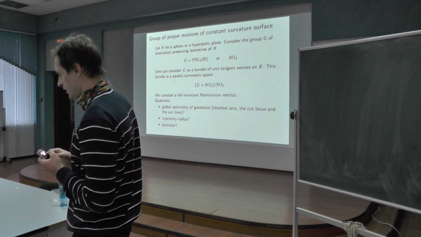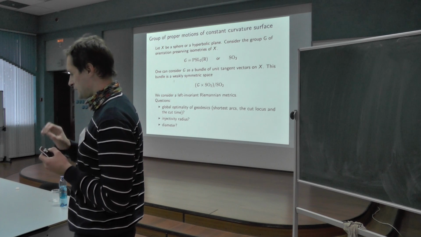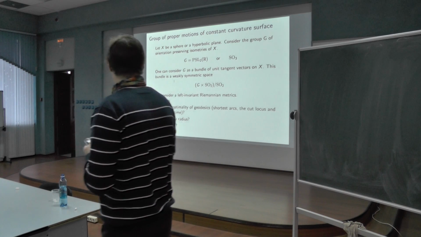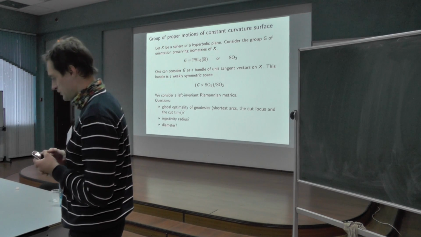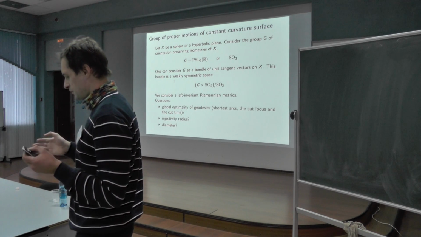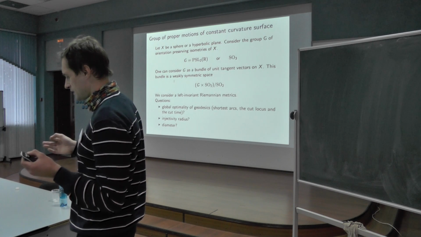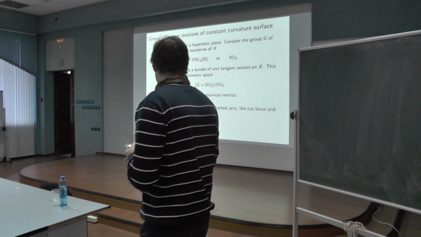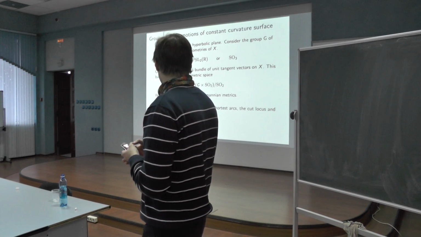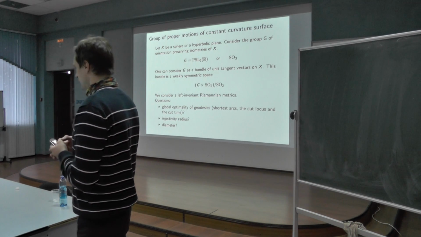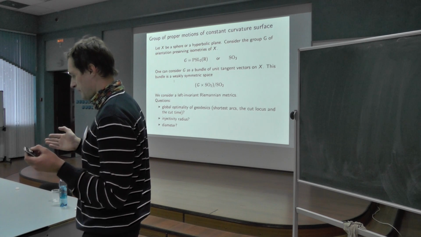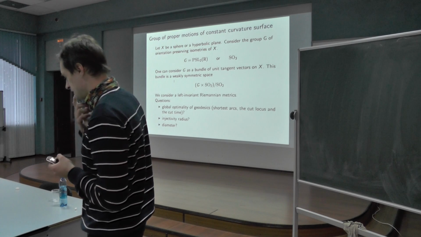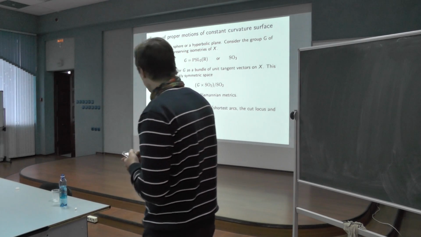It's a point after which the geodesic is not the shortest arc, and due to the left invariance of the problem, it is enough to consider geodesics that start at the identity point of our group. So I call the cut locus the set of the cut points of all geodesics starting at the identity point.